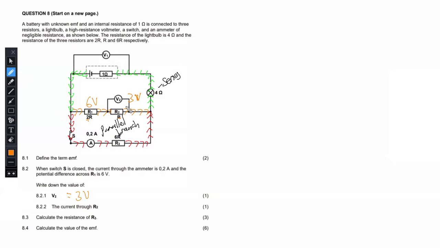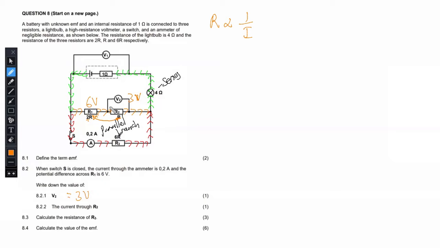Again, we can apply our relationship of resistance and current in the parallel branch, where resistance is inversely proportional to current. Now, looking at this resistance here, let's combine these two resistors to form one big resistor because they're in series, but they're within a parallel branch.